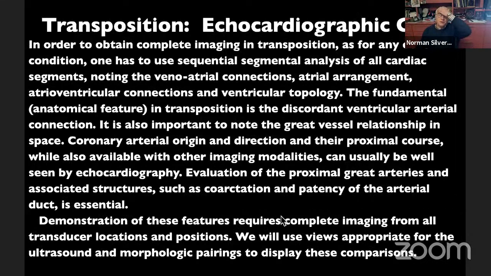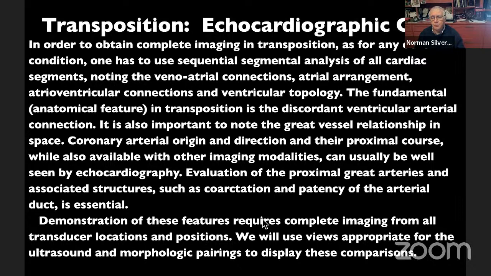Now, in order to obtain complete echocardiographic imaging in transposition, as for any other condition, one has to use sequential segmental analysis of all segments, noting the veno-atrial connections, atrial arrangement, atrioventricular connections, and ventricular topology. The fundamental feature in transposition is the discordant ventriculoarterial connection.